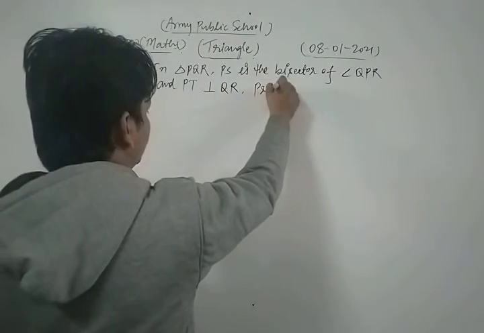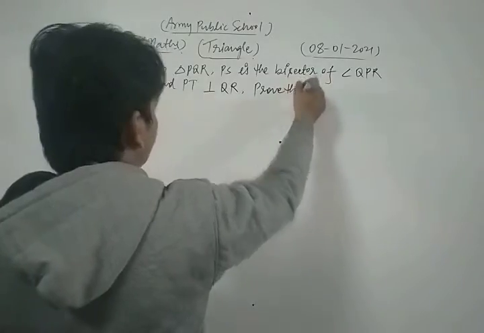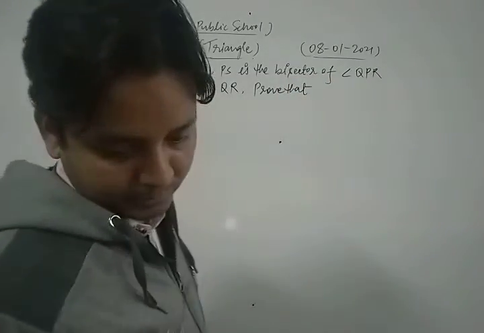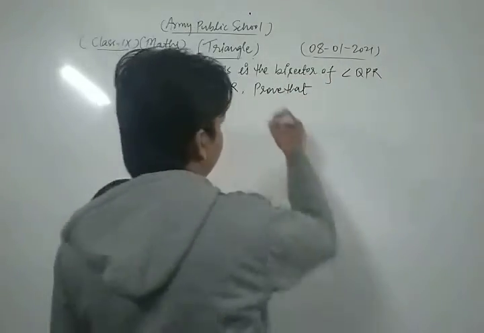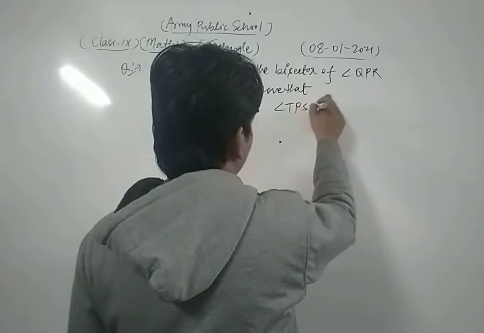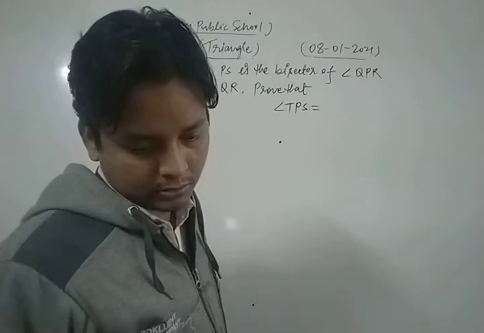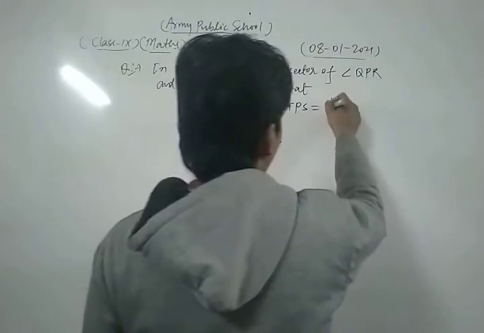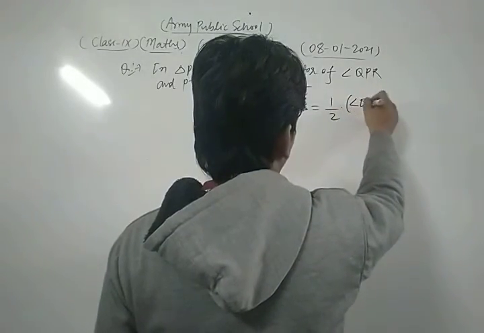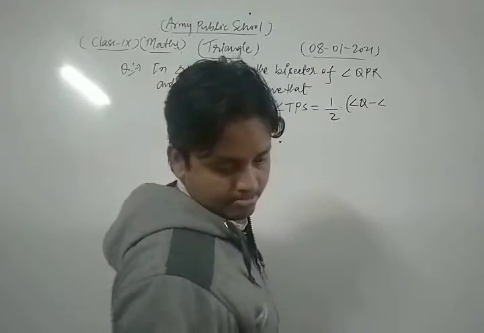Prove that angle TPS is equal to 1/2 into (angle Q minus angle R).